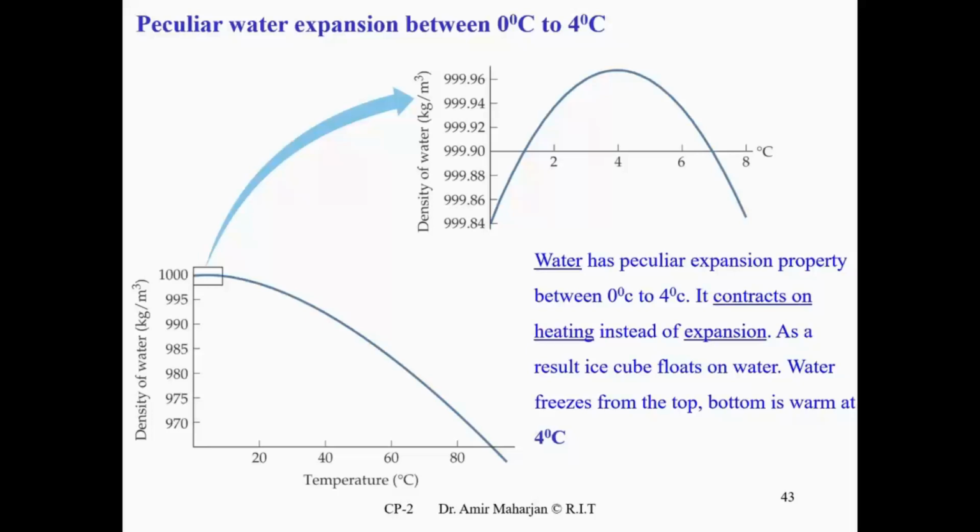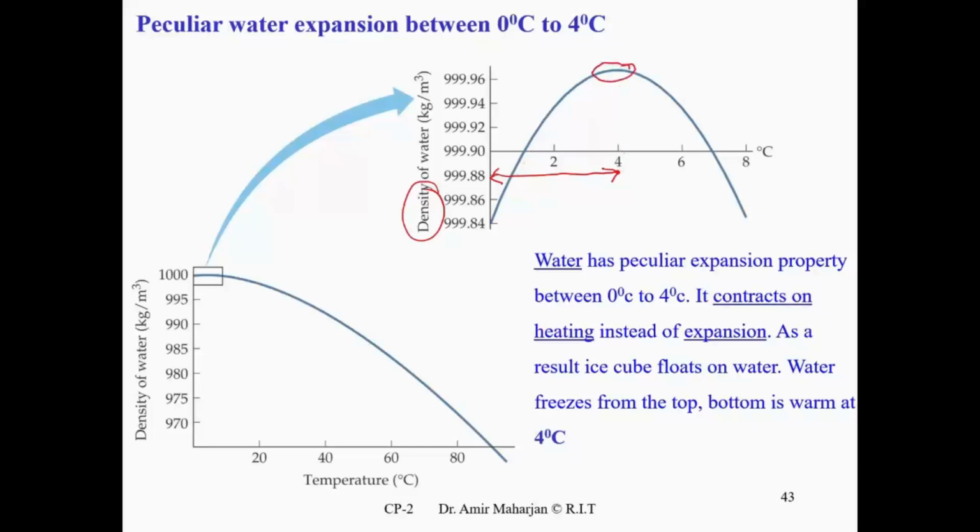Though solids behave regularly, water has a very strange property. Between 0 and 4 degrees only, water expands on cooling, not on heating. This is the density graph, the density of water as a function of temperature. You can clearly see density increases if you heat it from 0 to 4 degrees, which means its volume decreases as you increase the temperature. Water has its maximum density at 4 degrees Celsius.